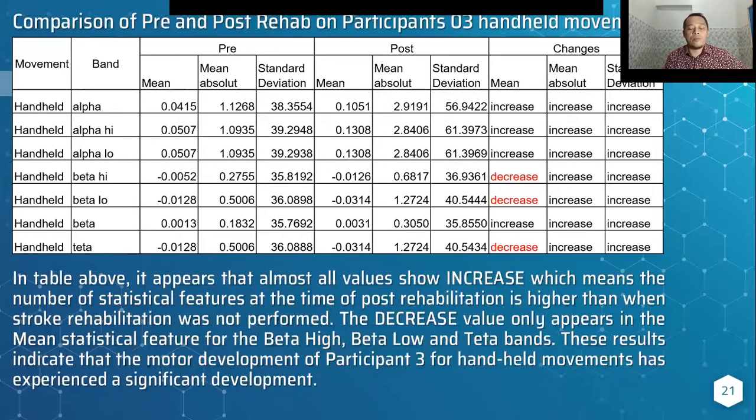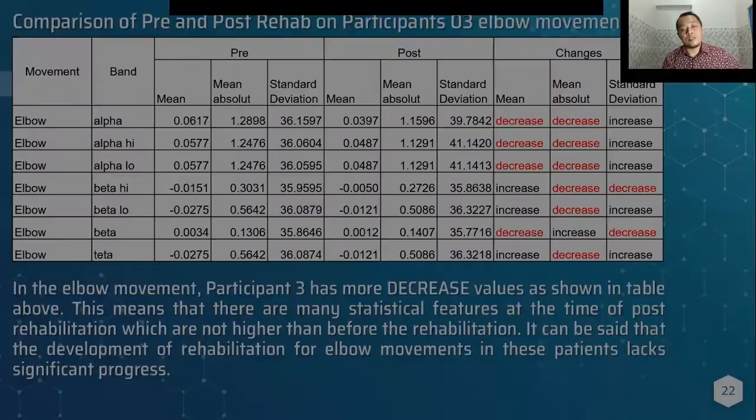The decreased values only appear in the mean statistical feature for beta high, beta low, and beta bands. These results indicate that the motor development of participant number 3 for handheld movement has experienced significant development.